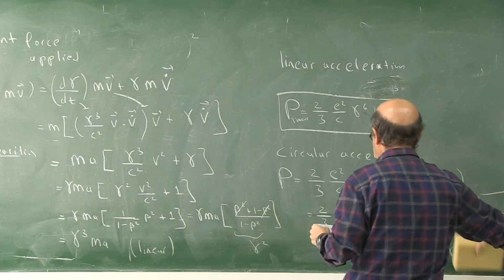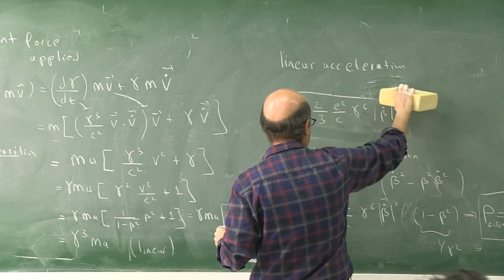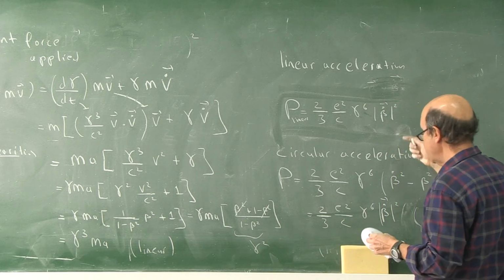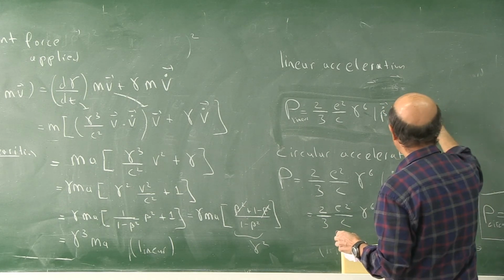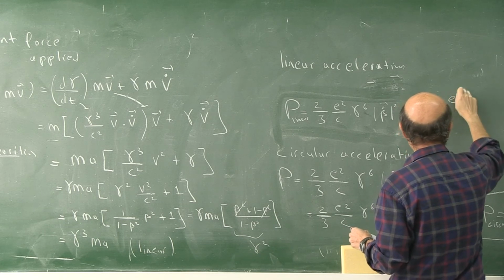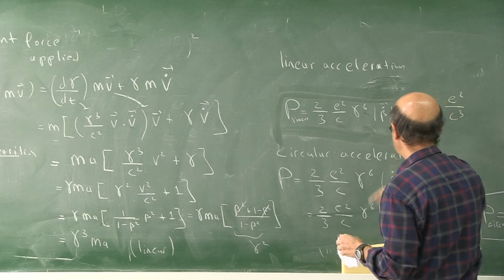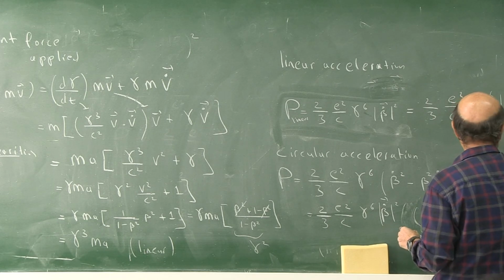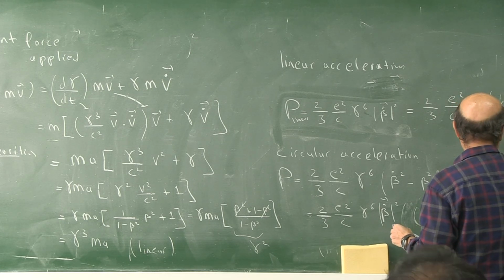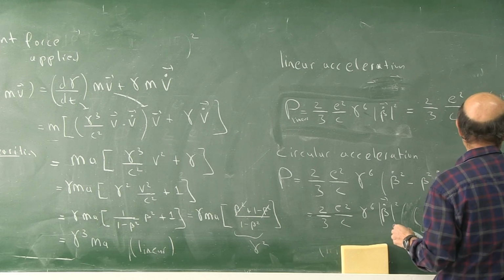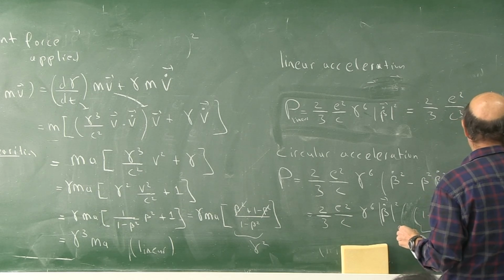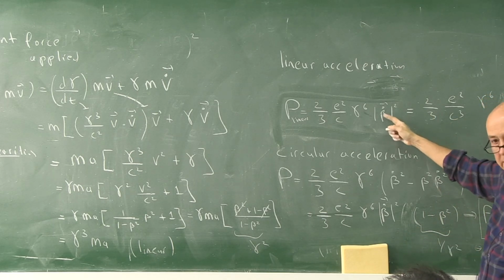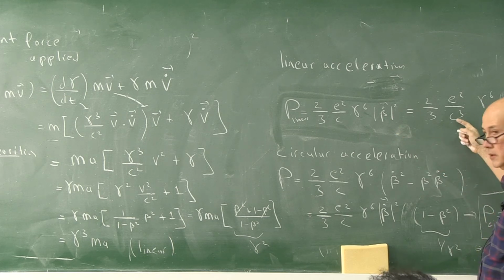The total power for the linear acceleration is equal to 2 over 3 e squared over c cubed, because beta dot squared, gamma to the 6, and beta dot is the acceleration, so a squared, the acceleration squared for the linear case. So these are the same. Instead of beta dot, I write acceleration over c.